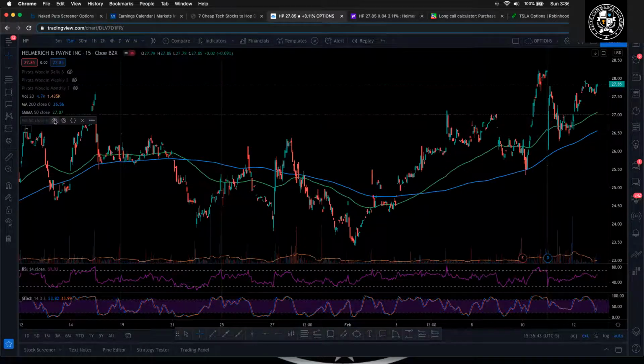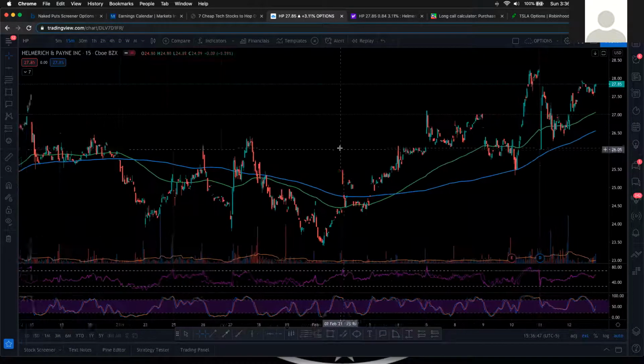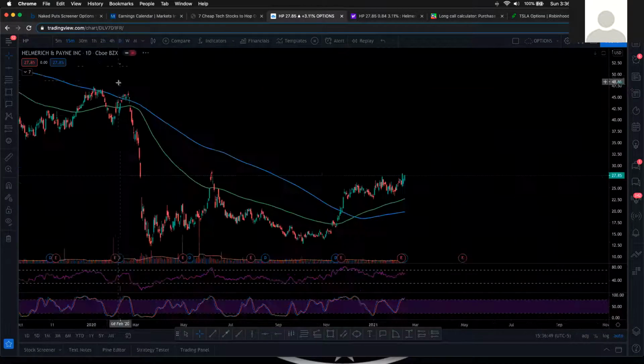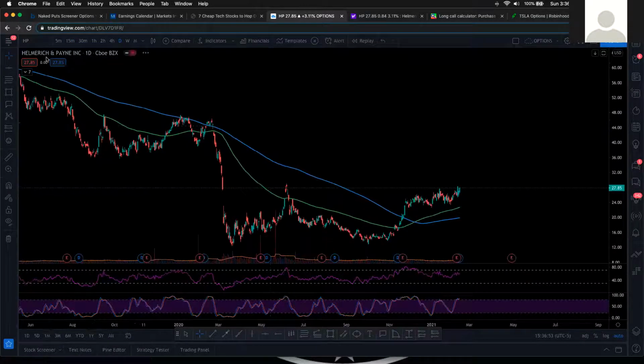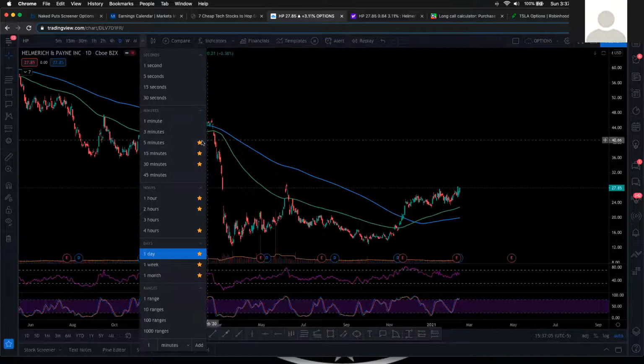Okay. Did you fix it? Yeah, I fixed it. I just have one question. I might be getting ahead of myself. You see how at the top it has the 5 minute, 15 minute, and then at the bottom it says the 1 day, 5 day? Those are two different things. Yeah, you see this little arrow right here? If you click that arrow, I put stars by the ones that I use the most often.